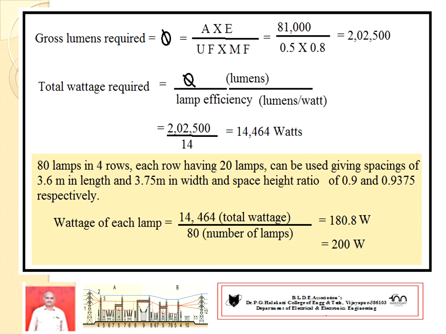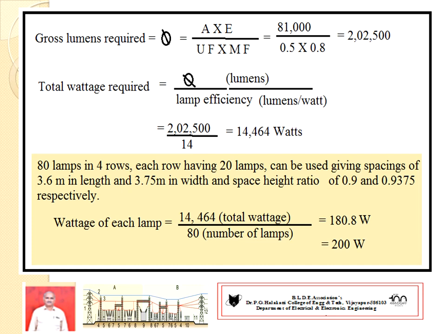Total wattage required of the system should be equal to total lumens divided by lamp efficiency, in lumens per watt. Total lumens is in lumens, lumens will cancel, remaining is watt. So we get 14,464 watts that we have to plan. Hence we have to use 80 lamps, total 80 lamps.